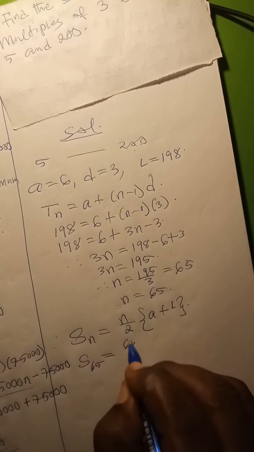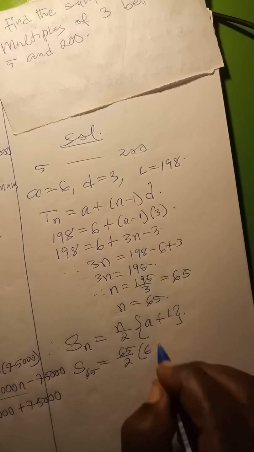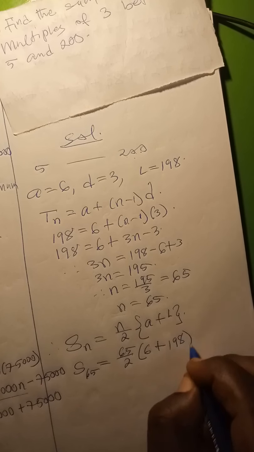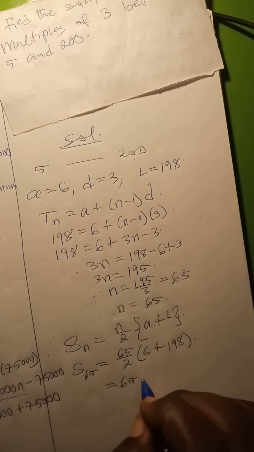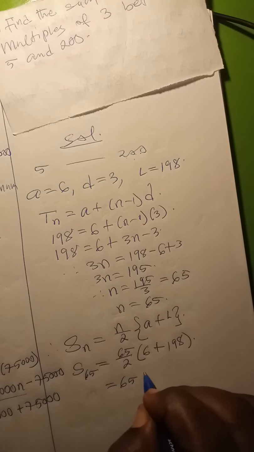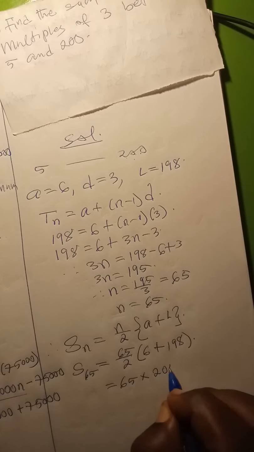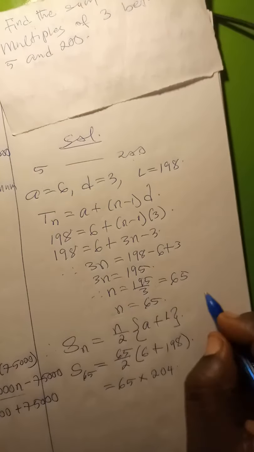So 65 divided by 2, the first term is 6 plus the last term is 198. So we're going to have 65 times 204. So 65 times 204 is the answer.